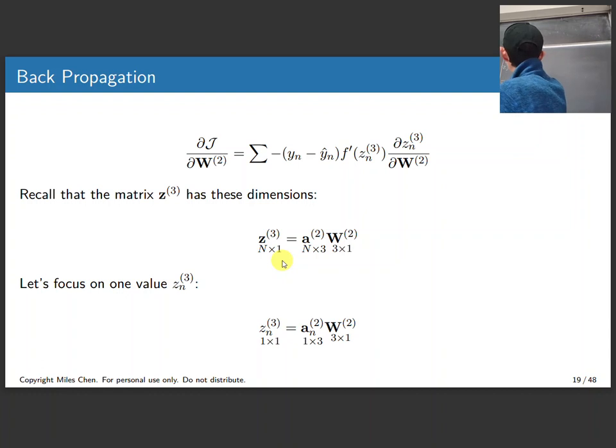This is the result of taking your A2 matrix, which is n by 3, times your W2 matrix.